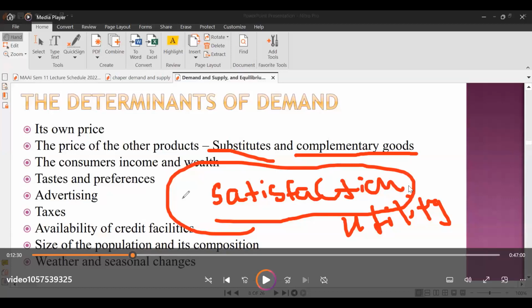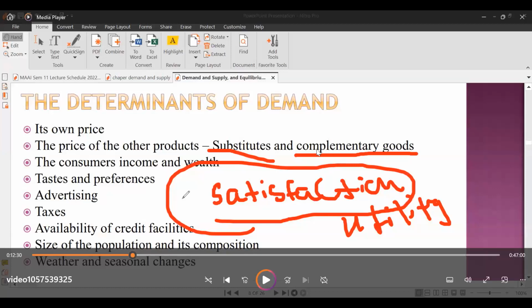Then we look into the prices of other commodities.